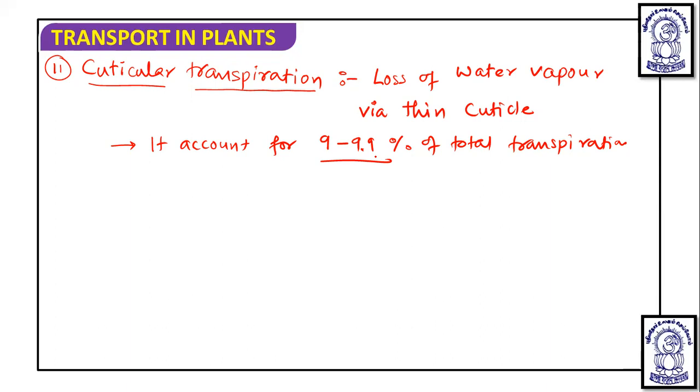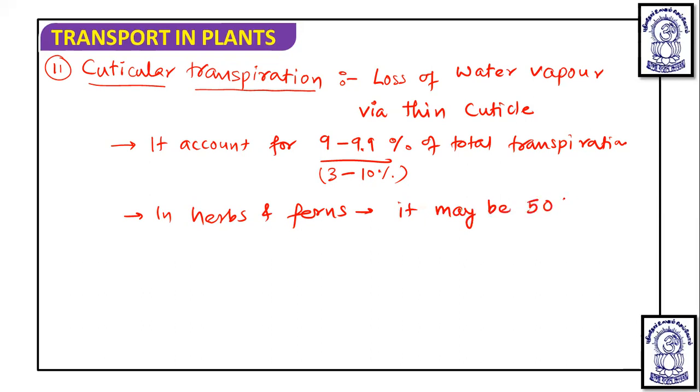Cuticular transpiration is 3 to 10% of the total. But in herbs and ferns, it may be 50%. Okay, so such an amount can be there.